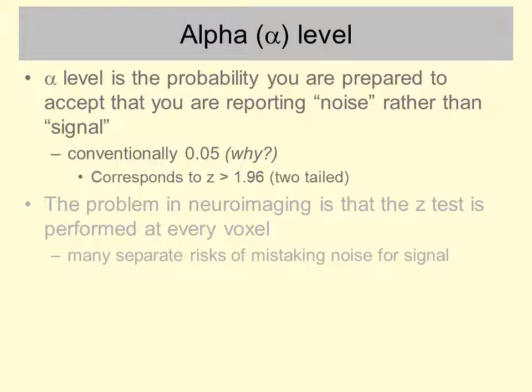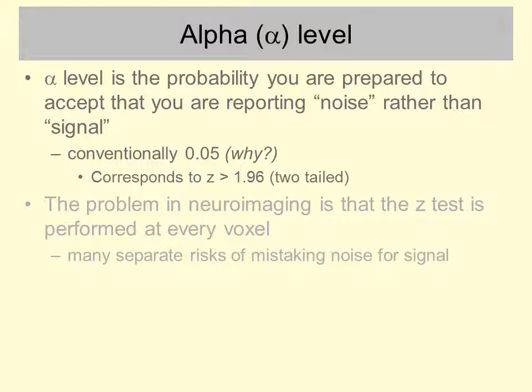In other words, 5% of the area under the Z curve is accounted for by values more than 1.96 or less than minus 1.96.